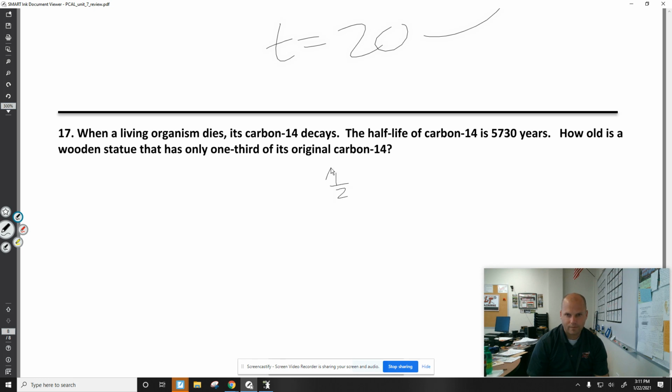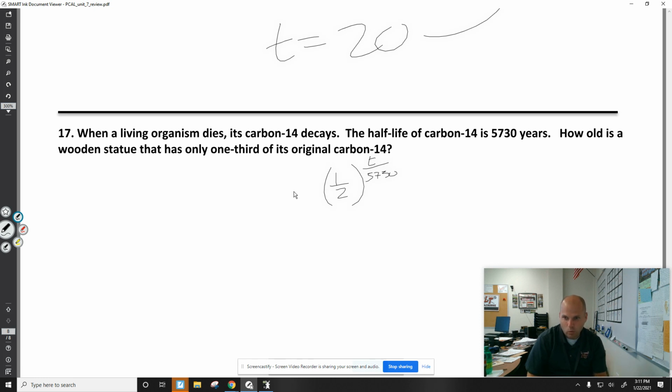It's 1/2 to the years over the half-life. If I have something 5,730 years old, we'll have half of the carbon left in it. So it's 1/2 to the first. So that works.